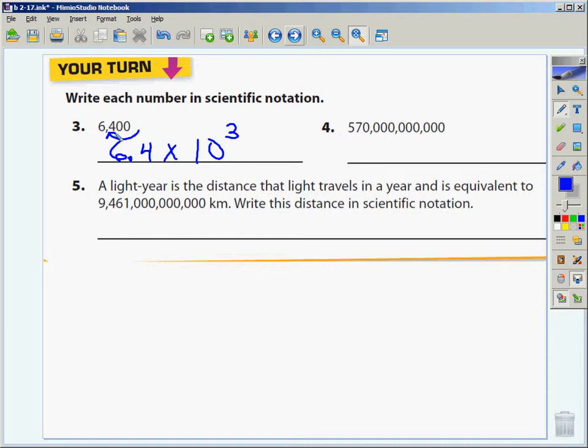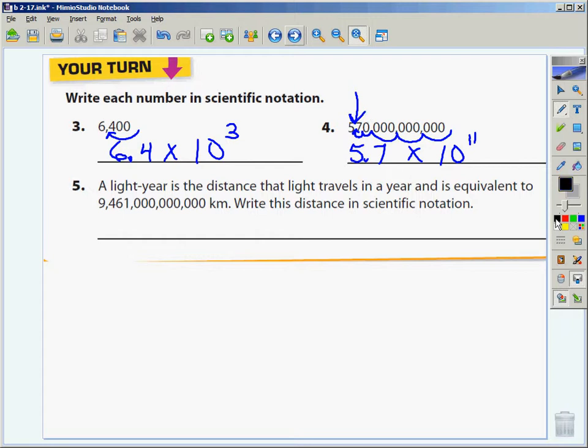What am I going to write? 5.7. 5.7 times 10 to the, 3, 6, 9, 10, 11. I have a question. So you went all the way to right here. I count all the way to there. Where's the decimal on this number implied to be?